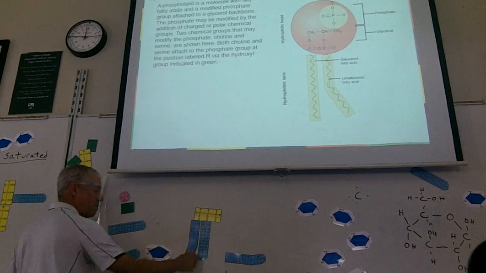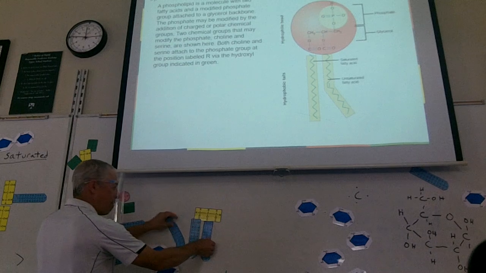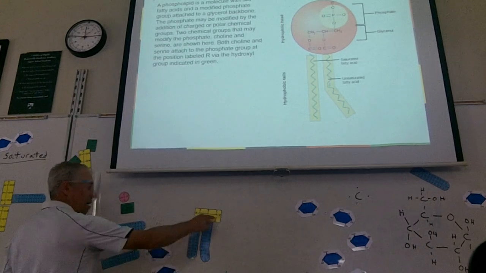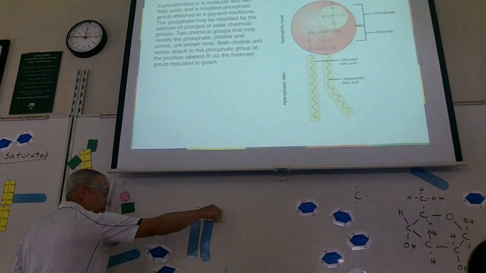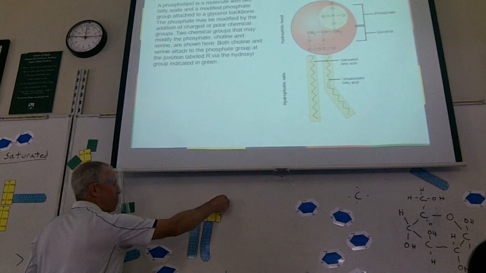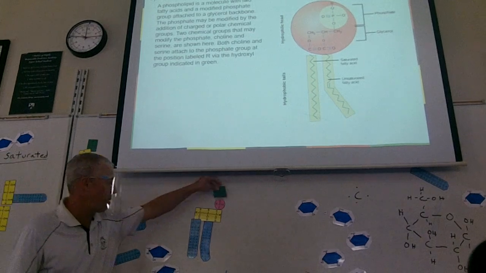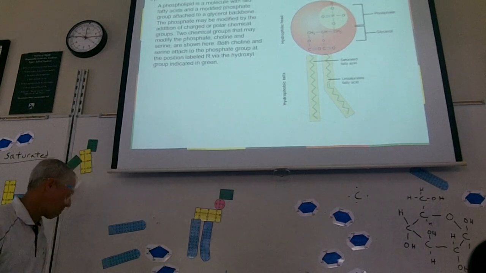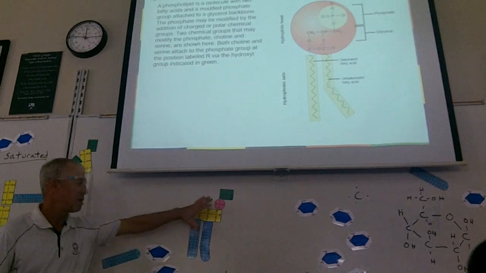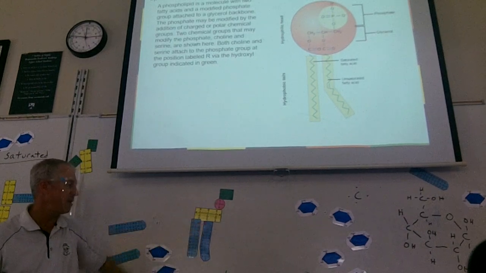One of them bent, one of them straight. Actually, I think it looks like this. And attached to the other carbon is not another fatty acid chain. It's a phosphate group. And often there's a nitrate group on it too. This is a phospholipid.